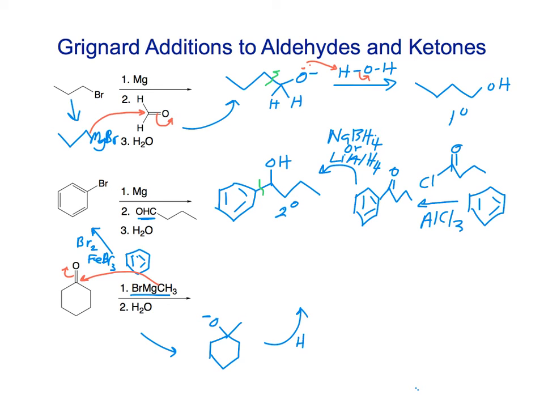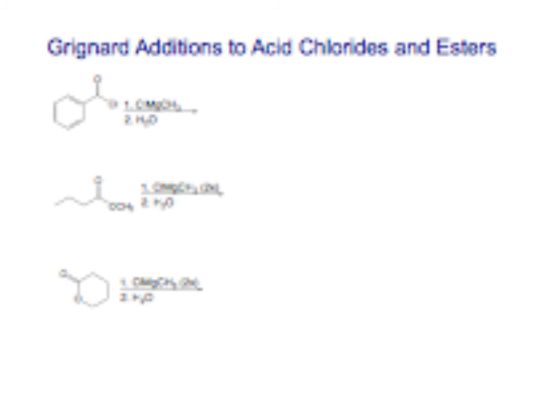We add our water, protonate, and we get a tertiary alcohol. Okay, so Grignard reaction, or you could use the organolithium. If we start with a ketone, we get a tertiary alcohol. Okay? Just getting all kinds of cool reactions.